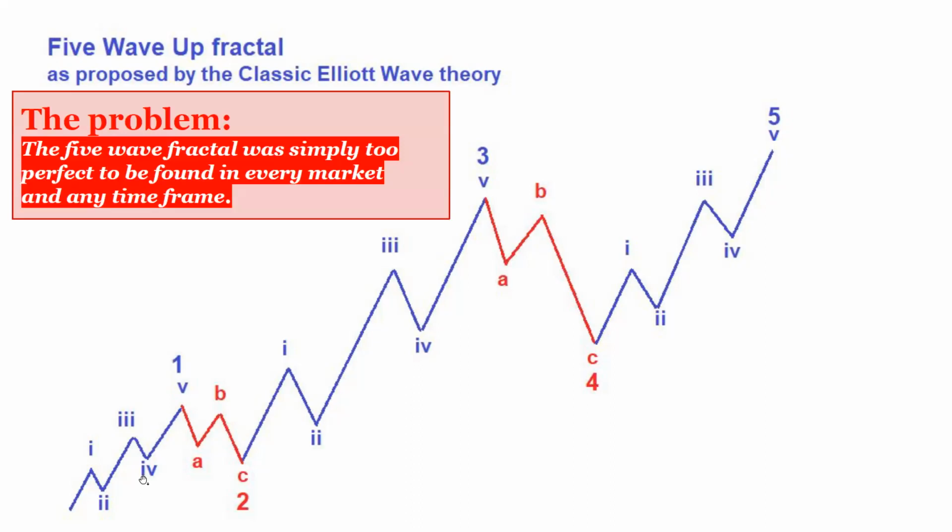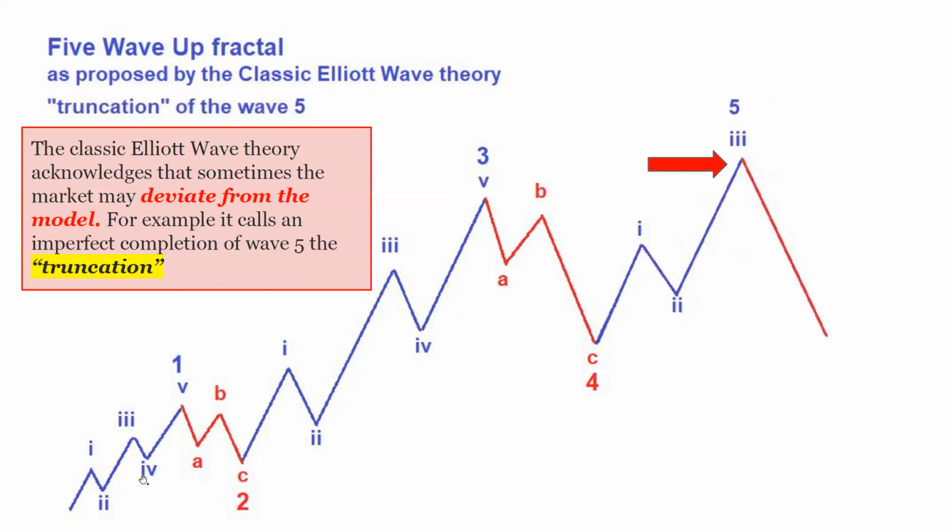But everybody who actually applies that theory in real life trading knows that unfortunately, it does not work that well in practice, because probably that beautiful idea of 5 waves inside 5 waves is too perfect to work in real life. And Elliott and Prechter, who described his work, realized that.